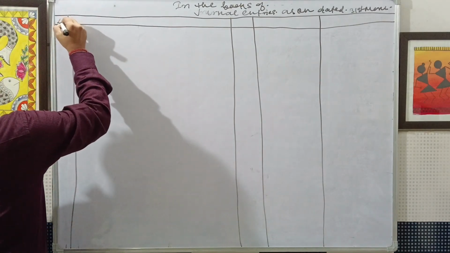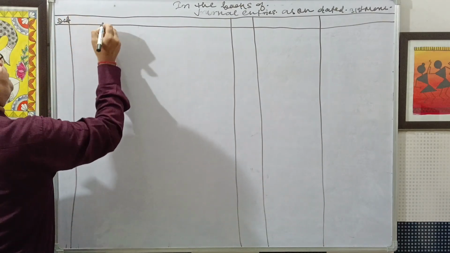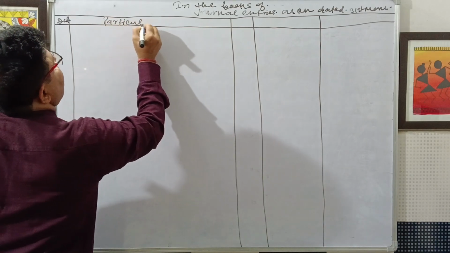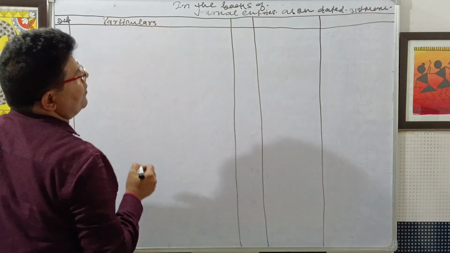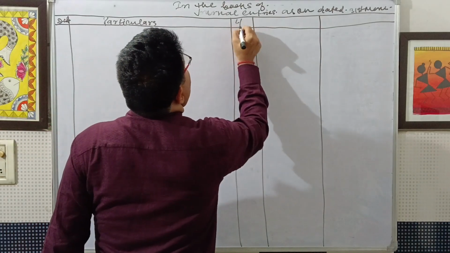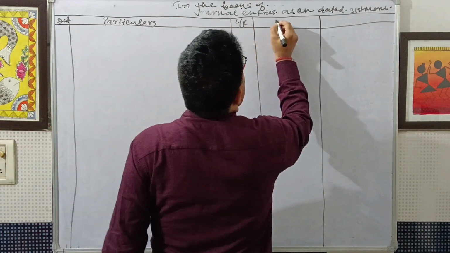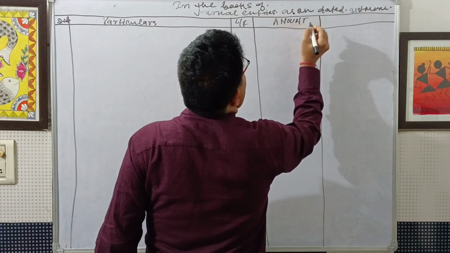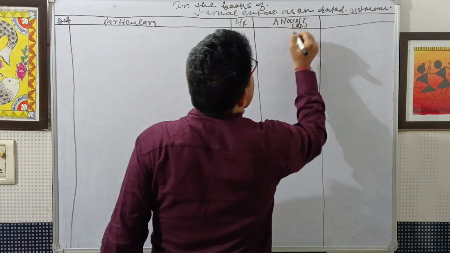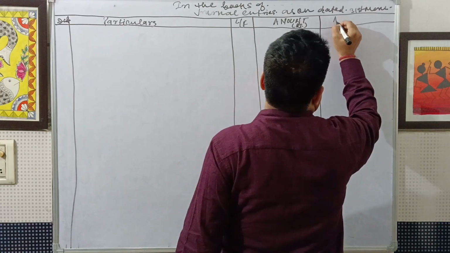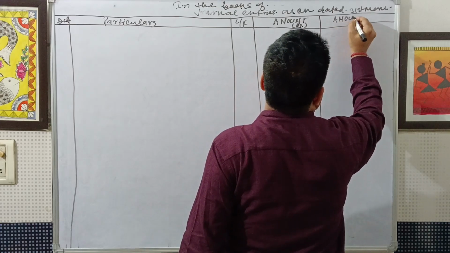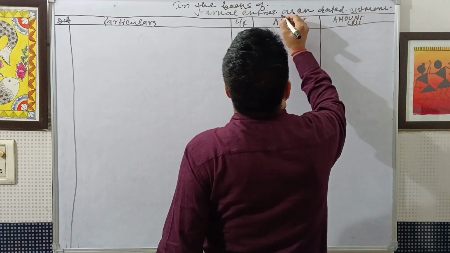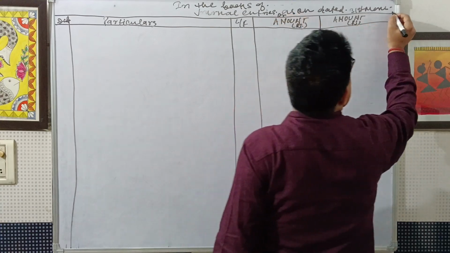Write down here the date, particulars, LF, ledger folio, amount in rupees, amount in rupees, debit, credit.